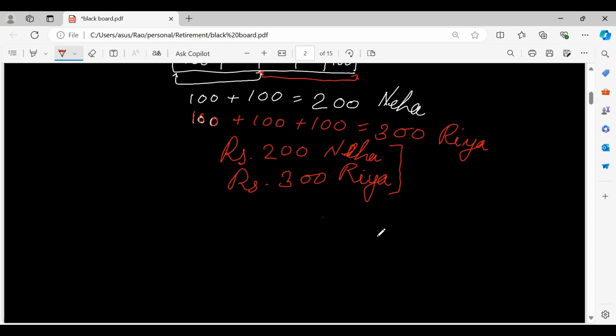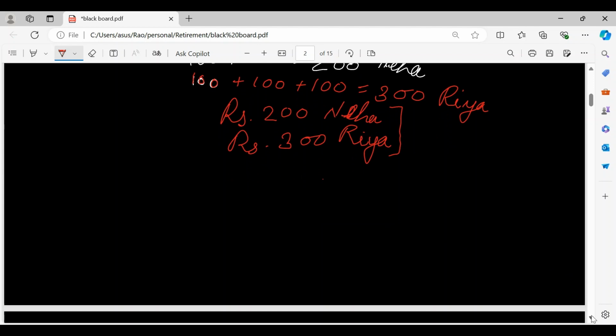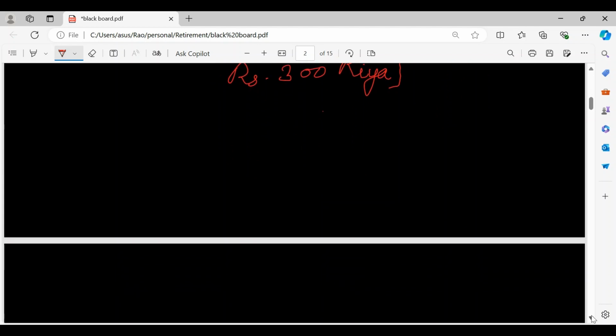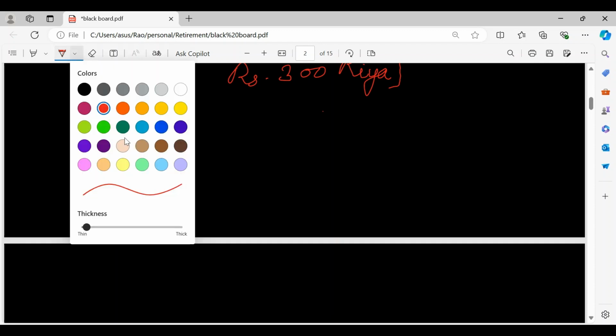And now we will look at the second part of the problem, and that is what fraction of money did Ria spend?